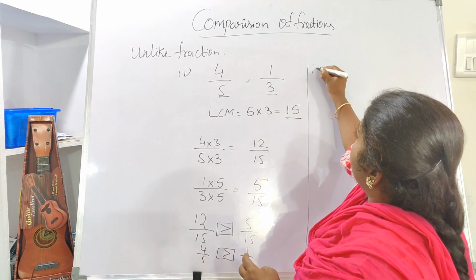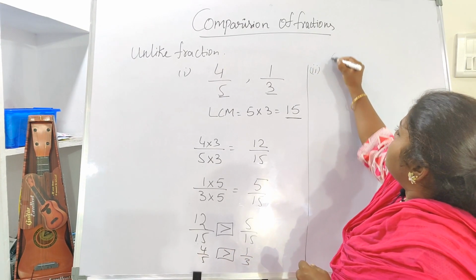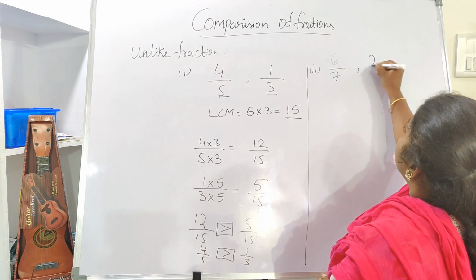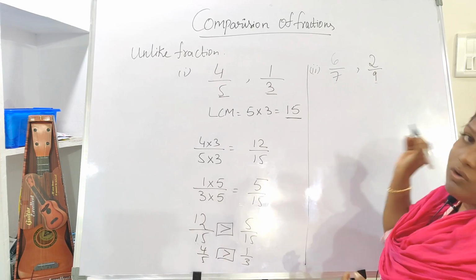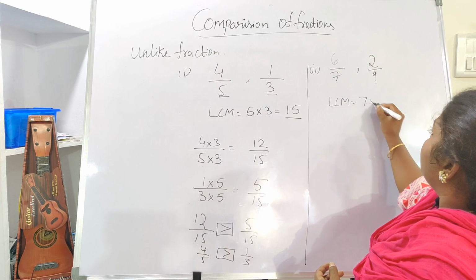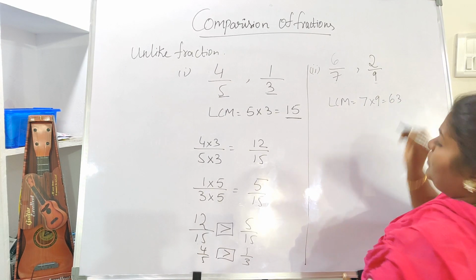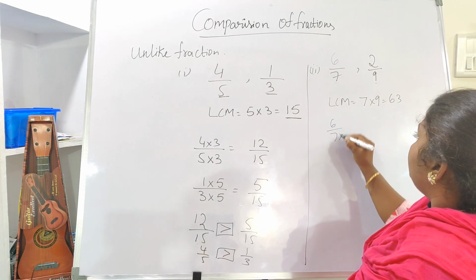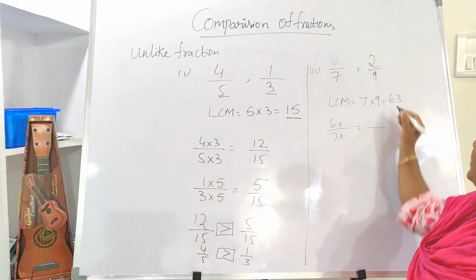So what I am going to do is take 6 by 7, 2 by 9. As I told you, if it is co-prime, just multiply those two numbers, so that will be the LCM. Take 6 by 7, multiply with such a number so that you will get 63 in the denominator.